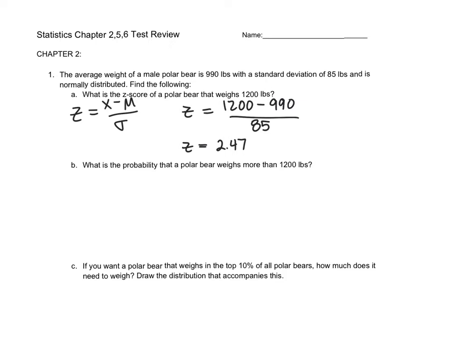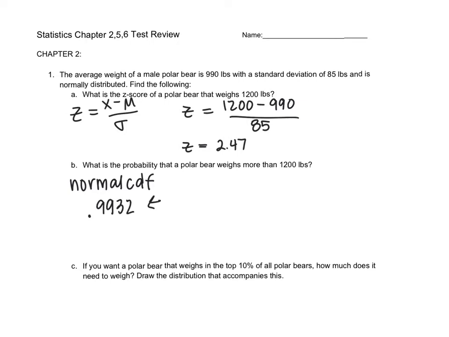Next, we want to find the probability that a polar bear weighs more than 1,200 pounds. So this is where we're going to use normal CDF, and since we've calculated the z-score, we can use our z-score 2.47 with our mean of 0 and standard deviation of 1, and that gives us 0.9932.